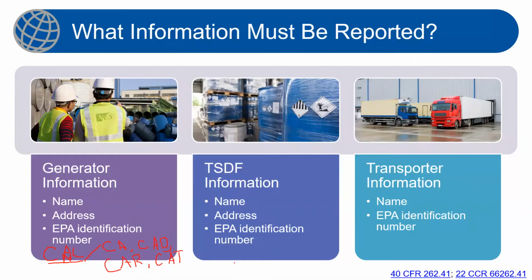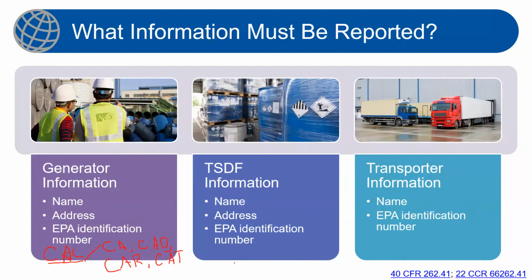So your ID number, if you are a RCRA large quantity generator, should be a federal EPA ID number preceded with one of these prefixes you see here: CA, CAD, CAR, or CAT. If you are a RCRA large quantity generator, you should not have a state ID number beginning with the prefix CAL. So that is information that has to be included as part of our biennial report.